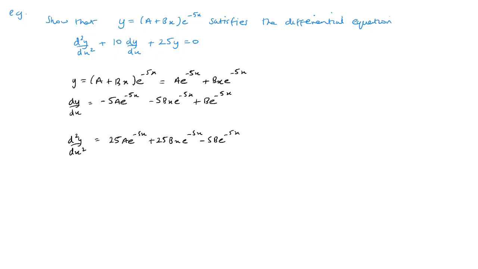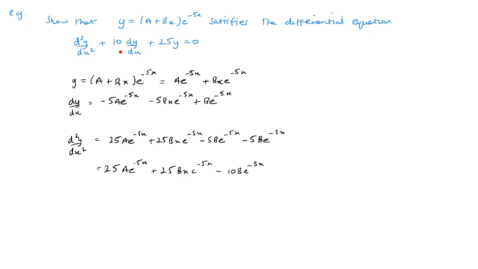And now we're doing b e to the minus 5x, so it's going to be minus 5b e to the minus 5x. Okay, so I can see here I've got two terms that can be collated into one. So we've got 25a e to the minus 5x plus 25bx e to the minus 5x minus 10b e to the minus 5x.